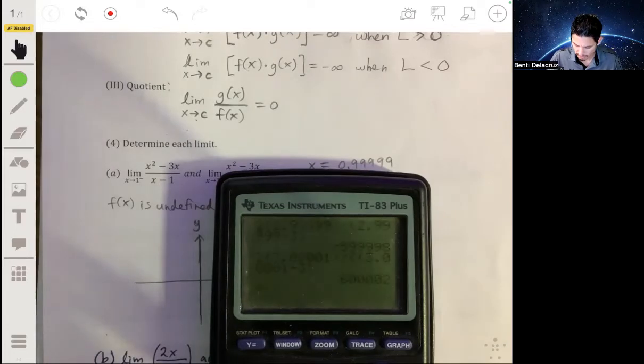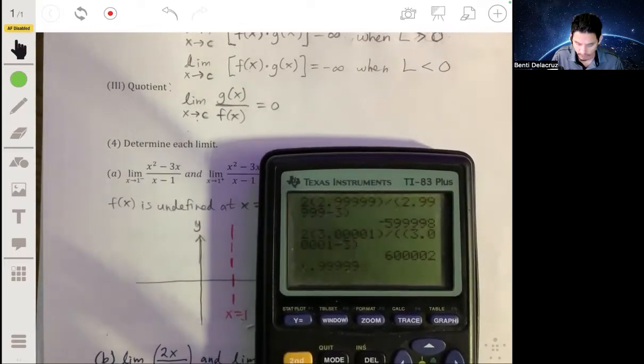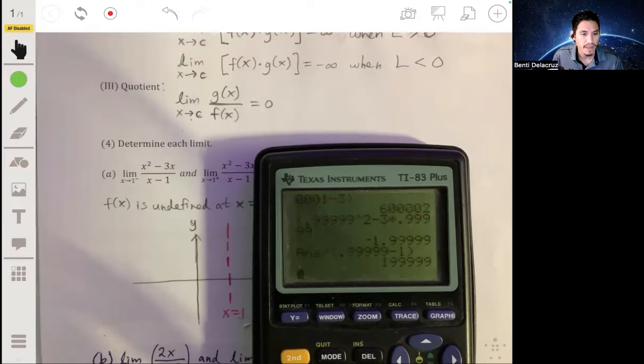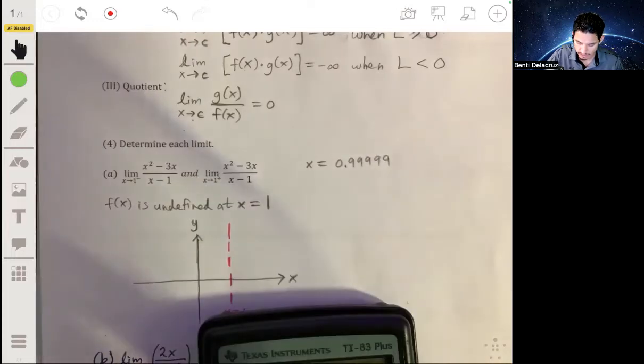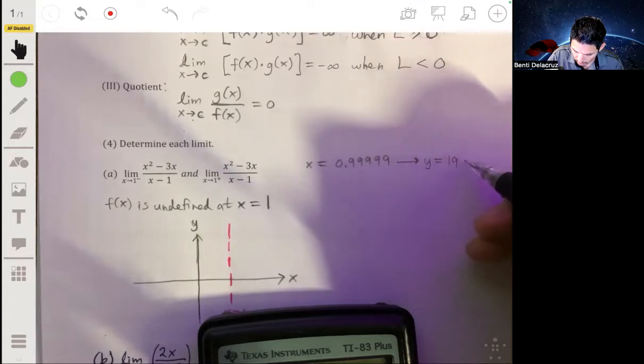It's a little tedious, but it won't be too bad. 0.99999, I think with five 9s, squared, minus 3 times 0.99999, and we're going to divide that by 0.99999 minus 1. And we get about negative 200,000... so y is 199,999.